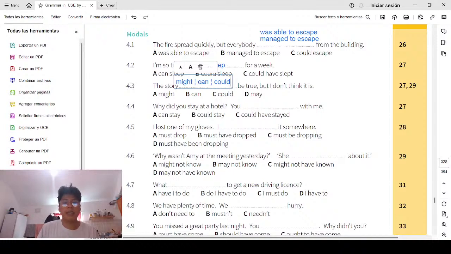Basically we use three of them because we need more context. Might, and we use can when we can do it, right? The story can be true. Or could because we're talking about a hypothetical situation. And might because we are supposing, we are inferring something, right? That's why there are three answers: might, can, and could.